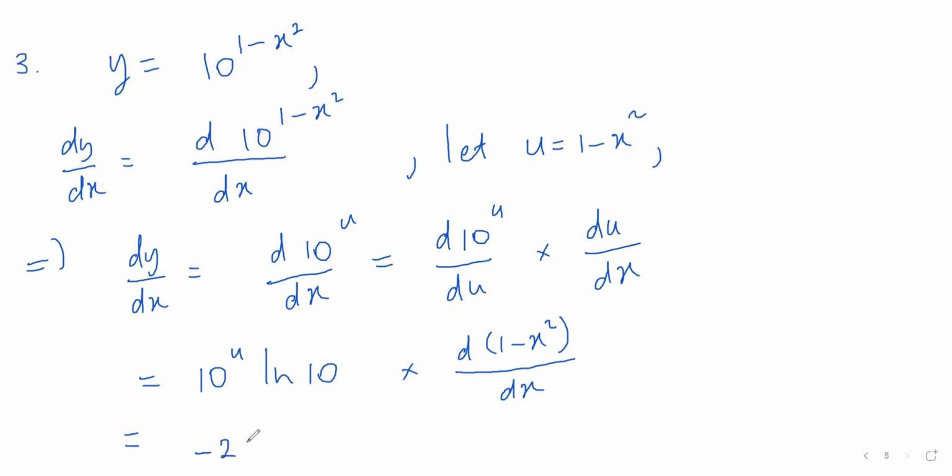It's minus 2x multiplied by 10 to the power of u. In place of u, because this is the final answer, we go ahead and put 1 minus x squared. Multiply this by ln 10. And this is the final answer for this example.